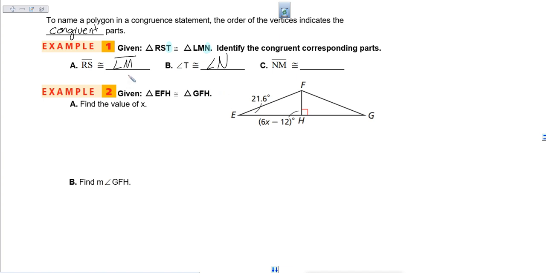Now, when you type these in, you need to tell me segment LM and angle N. You need to tell me the name. If all you type in is letters, you're telling me points. We are not naming points. We are naming segments, and we are naming angles.